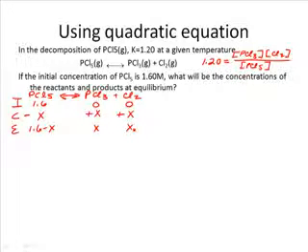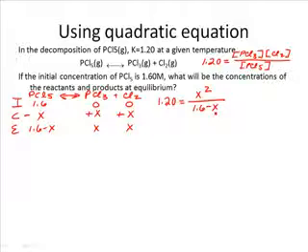Okay, and so now our expression is 1.20 equals, we're going to have an x and an x, so an x squared, and then here we have 1.6 minus x down here.